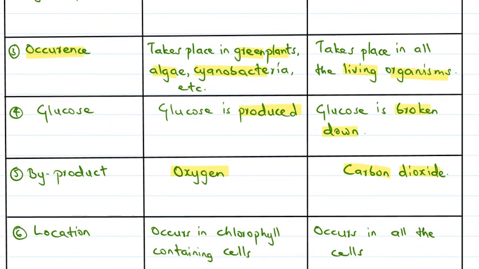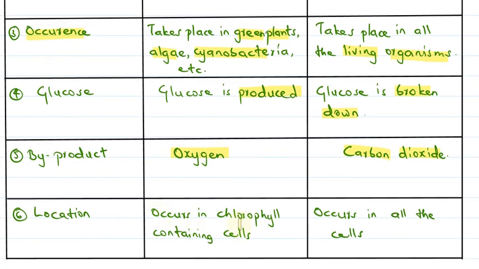Then we saw the specific location where these processes occur. Photosynthesis takes place in chlorophyll containing cells. Only those cells which have the green pigment chlorophyll would perform photosynthesis, whereas respiration takes place in all the cells present in all the living organisms.